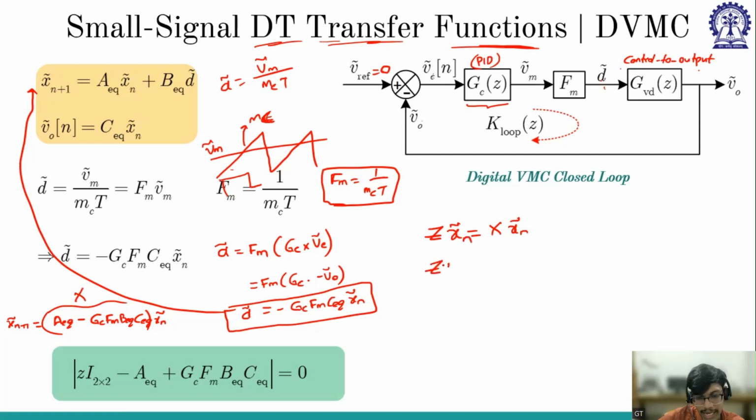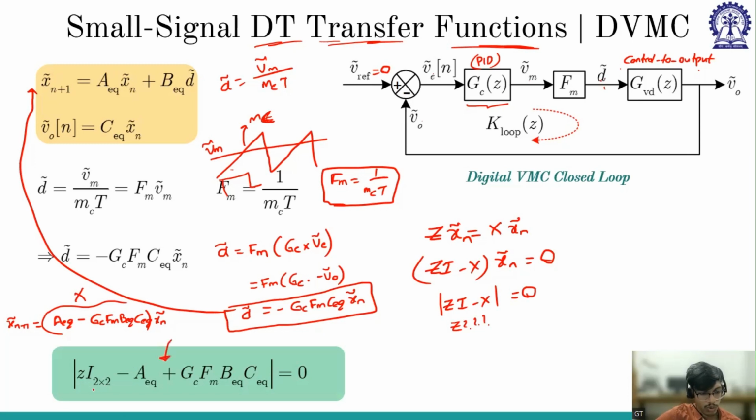So my ZI minus X into XN perturb is equal to 0. Now, if I take the eigenvalues, I will get ZI minus X equal to 0. And from this, I will get Z1, Z2, whatever values, and they should lie within the unit circle. If I substitute back, X is A equivalent minus GC FM B equivalent C equivalent.